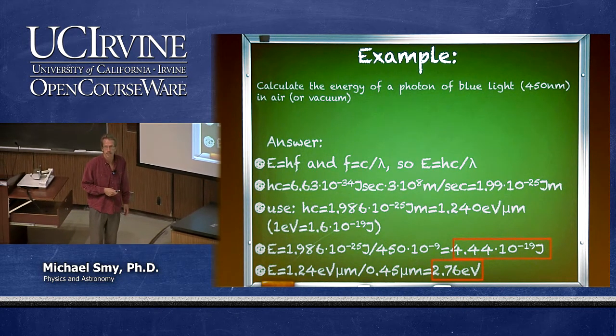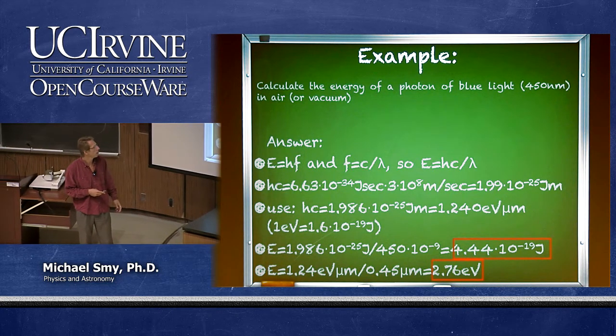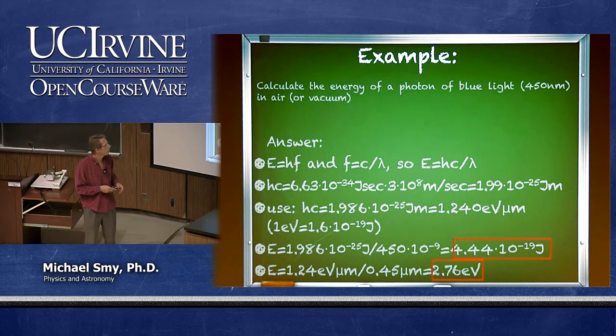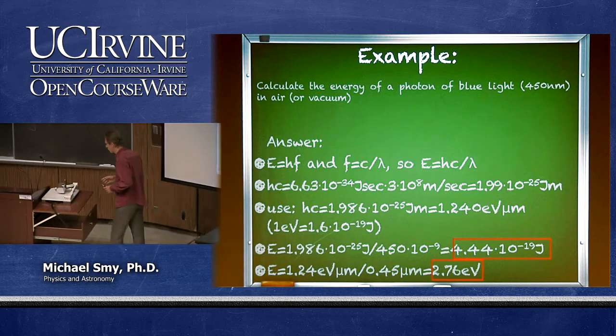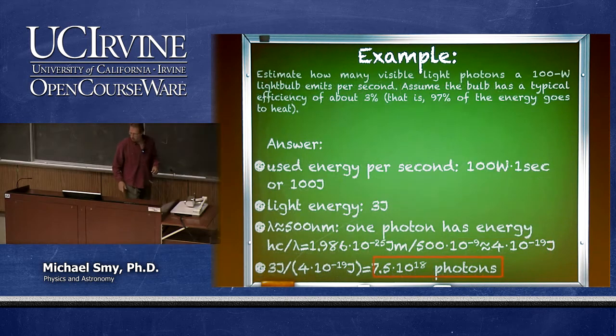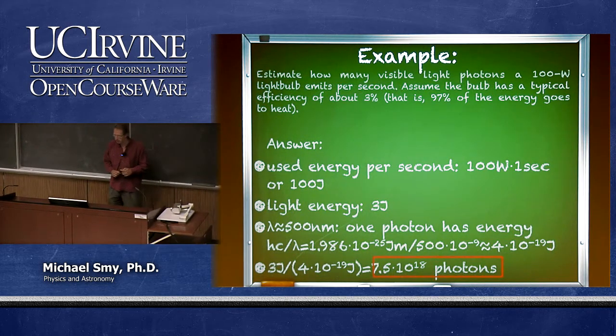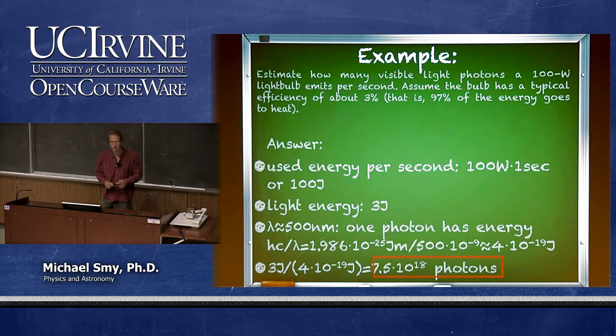So if we have visible light, then the energy per photon is a few electron volts, something like 2 or 3 electron volts. Let's also estimate how many photons are emitted in your typical 100-watt light bulb every second.